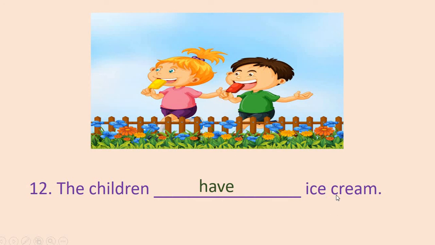I-C-E, ice. C-R-E-A-M, cream. Ice cream. The children have ice cream. Okay, number 12. The children have ice cream. Understood? See the spelling of ice cream.